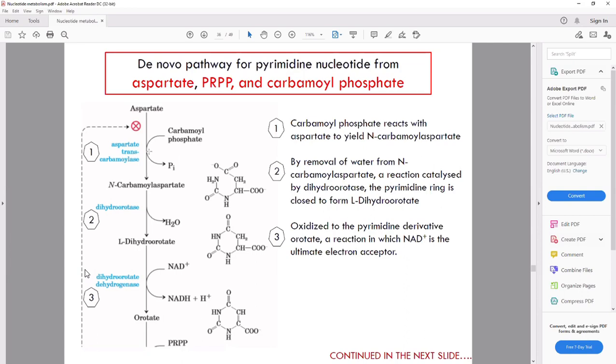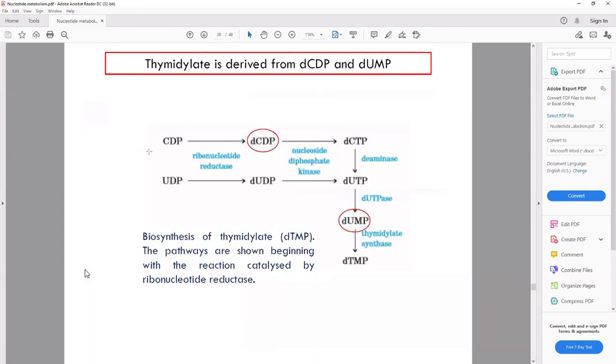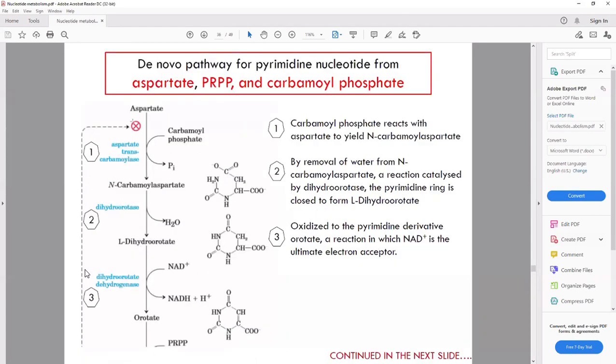So if there is high CTP, it is going to inhibit this reaction, so it stops the conversion of aspartate to carbamoyl aspartate. That is it for pyrimidine. So this is the allosteric regulation for pyrimidine biosynthesis.